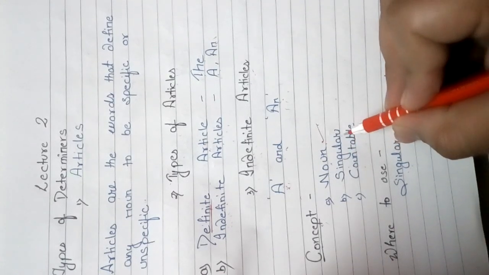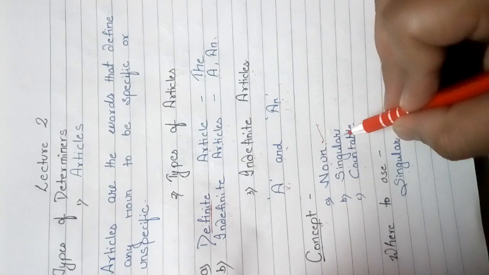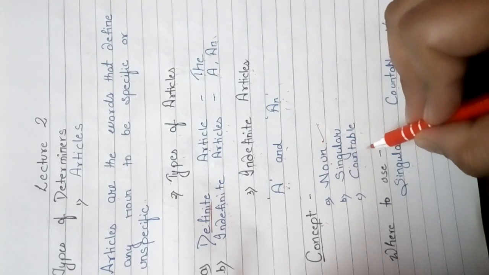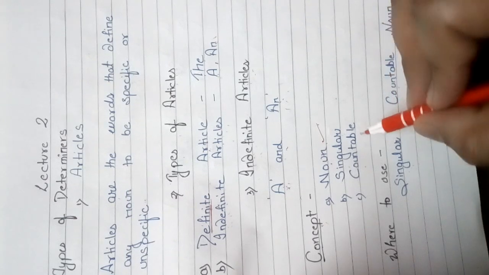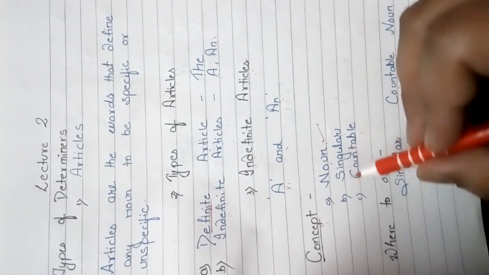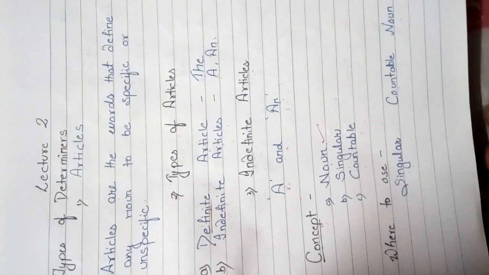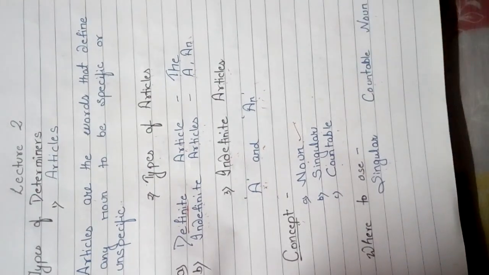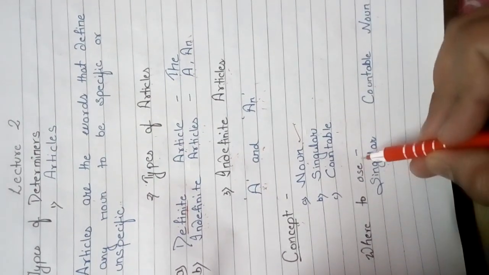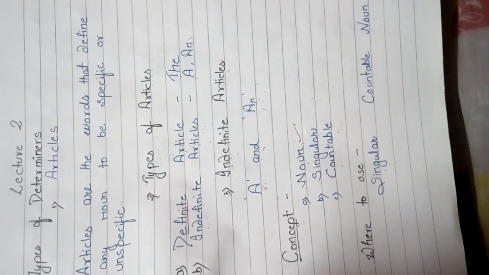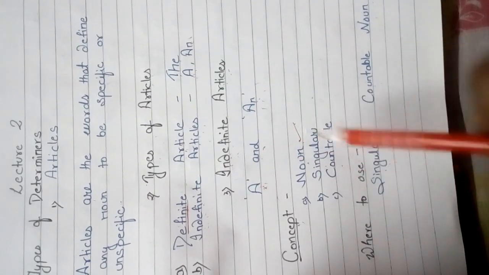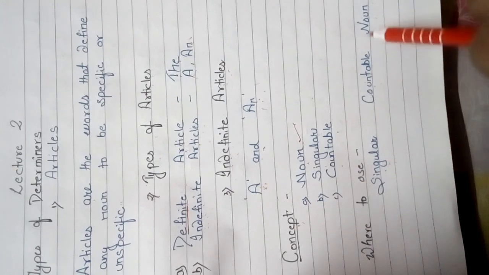Then it must carry a singular sense, it must not be plural, and it must be countable. We do not use an article with an uncountable noun. Only countable nouns must be used with articles. So here comes our conclusion: we have to use an article with a singular countable noun, and you will also see the definition in several books, that a and an are used with only singular countable nouns.